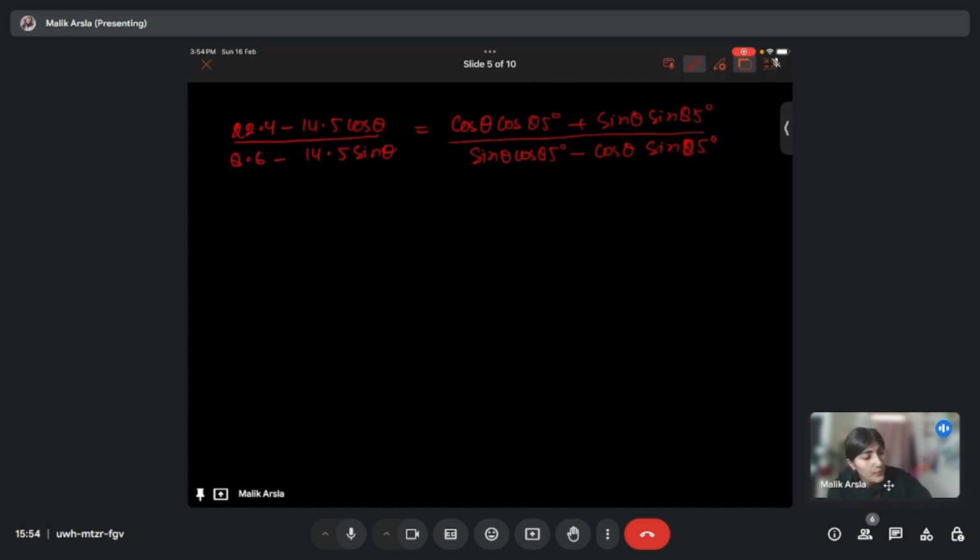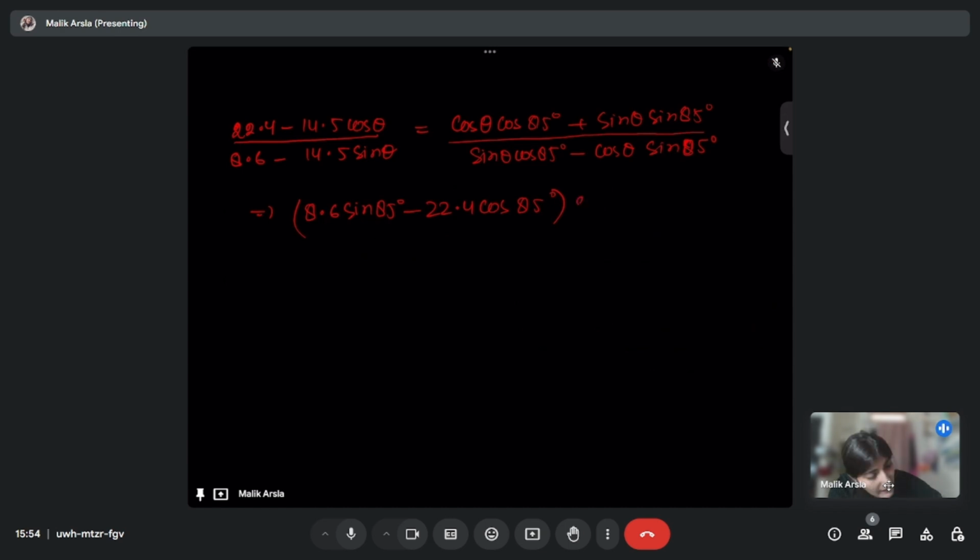So when you simplify it, it is coming out to be 8.6 sine 85 degree minus 22.4 cos 85 degree into sine theta plus 22.45 sine 85 degree plus 8.6 cos 85 degree into cos theta equal to L1 sine alpha, which is 14.5 sine of 85 degree.